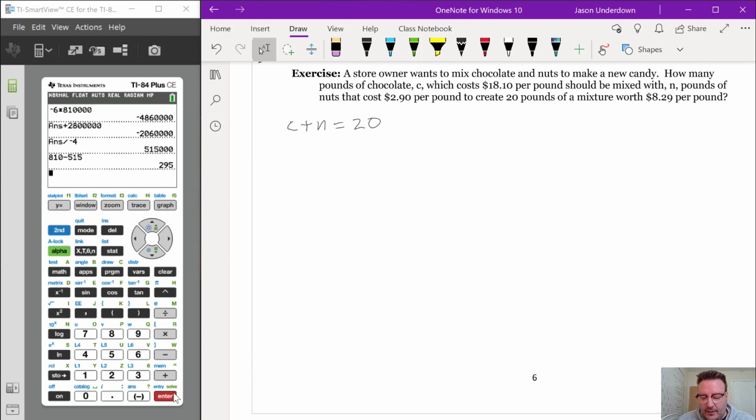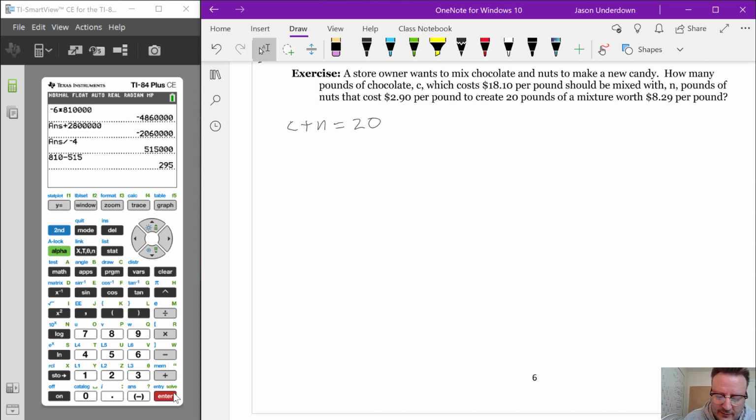Okay? And then if I multiply N by 2.90, I'm going to get the cost for the nuts. Okay? And then I can add that together and get the total cost for the mixture, right?